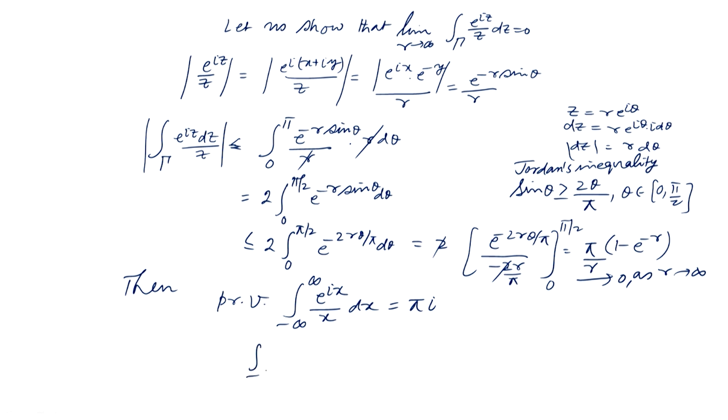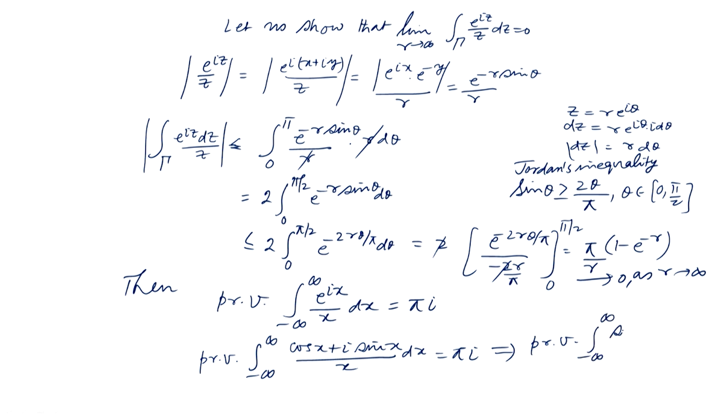So, the principal value of the integral over minus infinity to infinity of cos x plus i sin x over x dx equals pi i. This means that if we equate the imaginary parts, then the principal value of the integral over minus infinity to infinity of sin x over x dx equals pi.